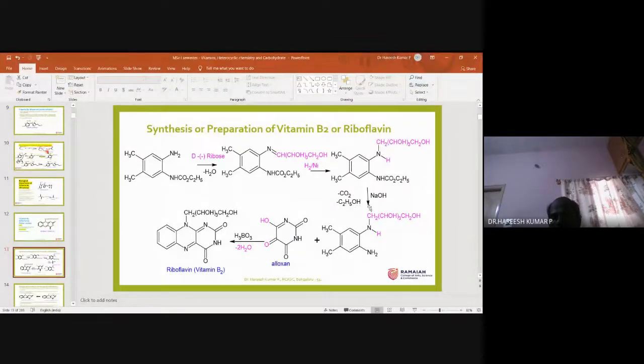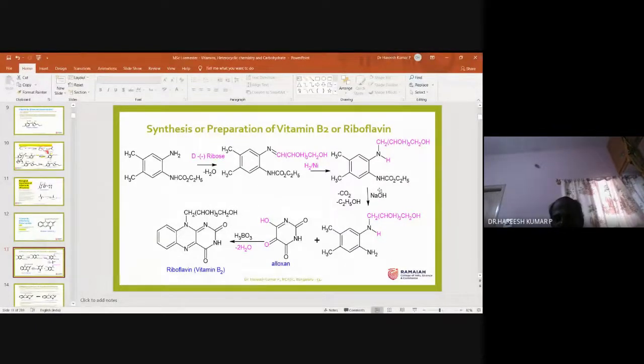Ethanol will be the byproduct, and later the CO2H formed undergoes decarboxylation on heating, giving rise to removal of carbon dioxide. Once there is removal of carbon dioxide, you will get a free amine.